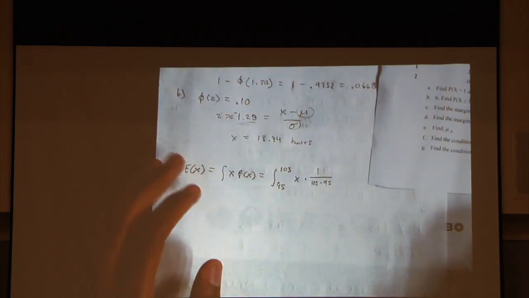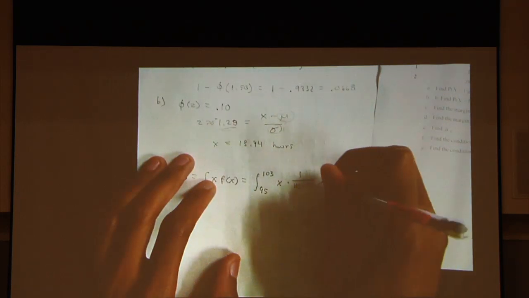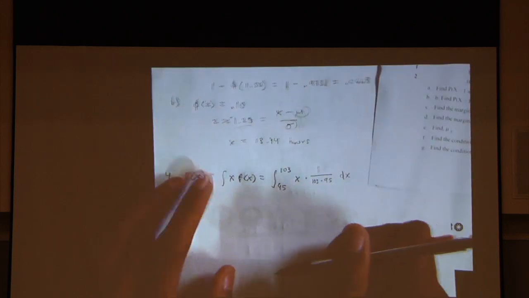What's another way of finding it, if you have it uniformly distributed, other than integrating?